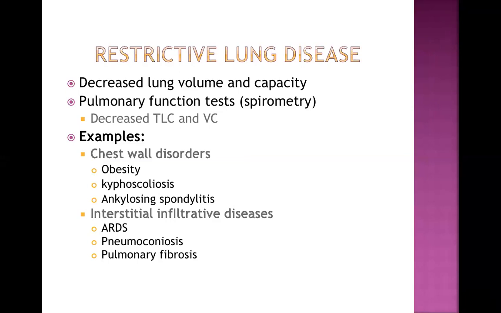So there is decreased lung volume and capacity. If we do a pulmonary function test or spirometry, the total lung capacity is reduced and vital capacity is also reduced because the total lung size itself is less. The common examples of restrictive lung diseases are either chest wall disorder or interstitial infiltrative disease.